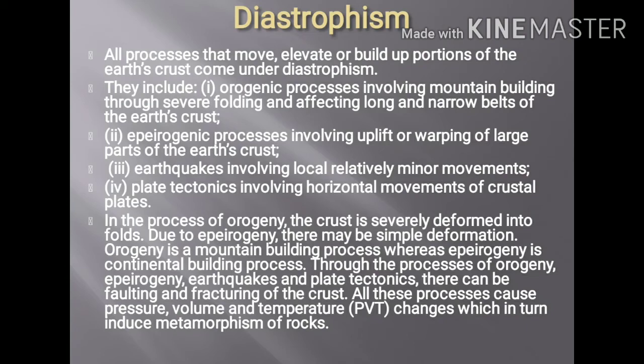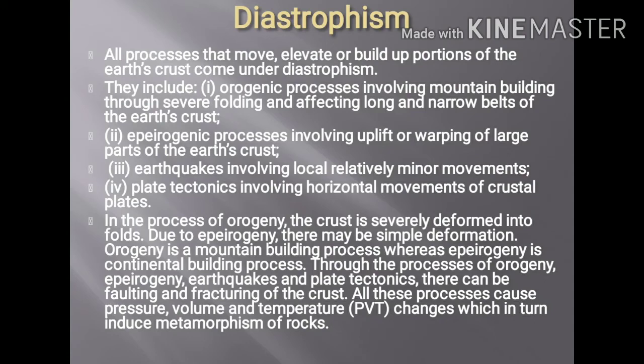And in these processes, mountains are formed through severe folding and affecting long and narrow belts of the earth crust. Epeirogenic processes involve uplift or warping of large parts of the earth crust. Earthquakes involve local, relatively minor movements. Plate tectonics involves horizontal movements of crustal plates.